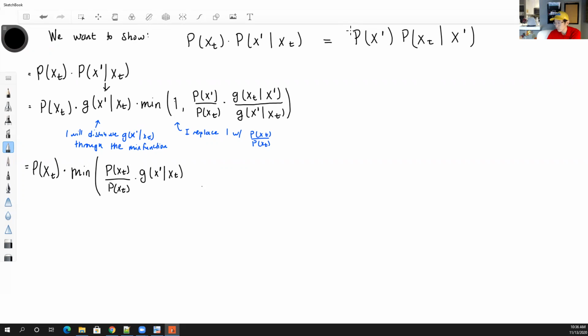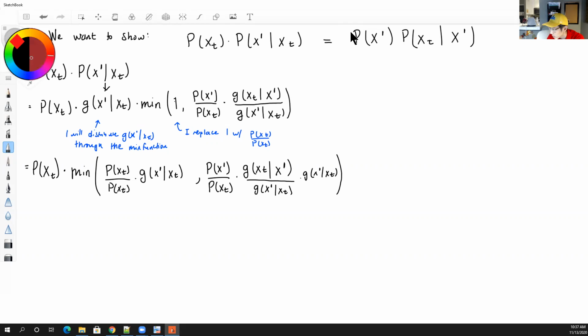That's what I have on that side, and over here I've got p of x prime divided by p of xt multiplied by g of xt given x prime. Technically the g of x prime given xt will cancel with the g of x prime given xt.